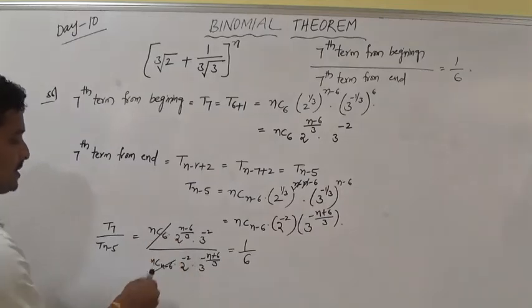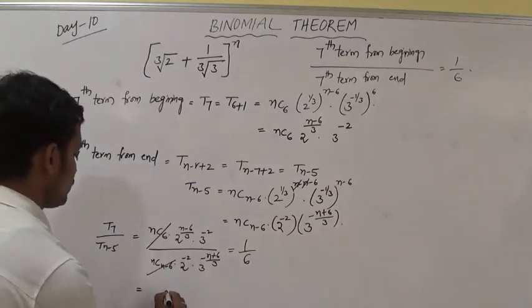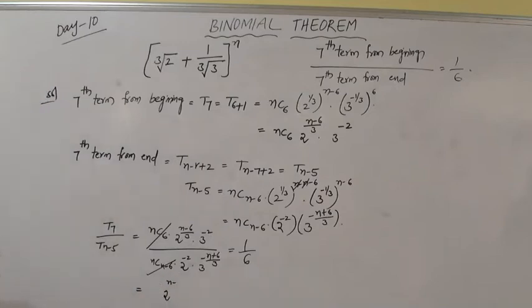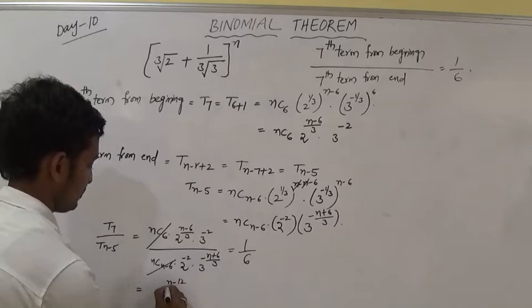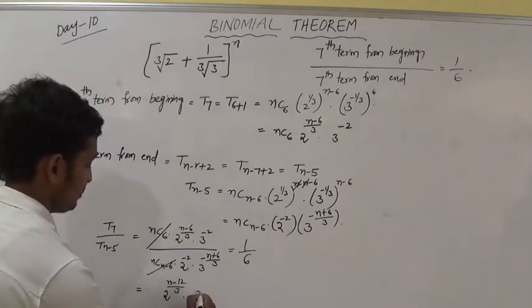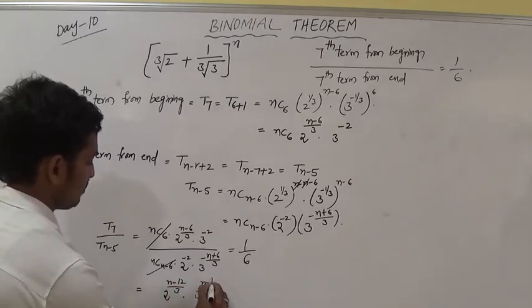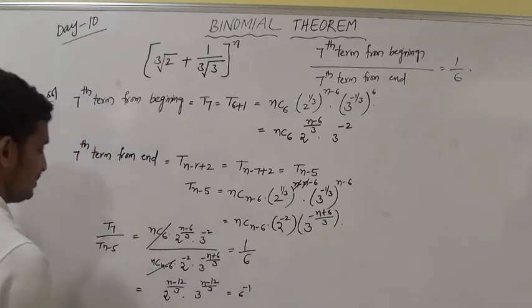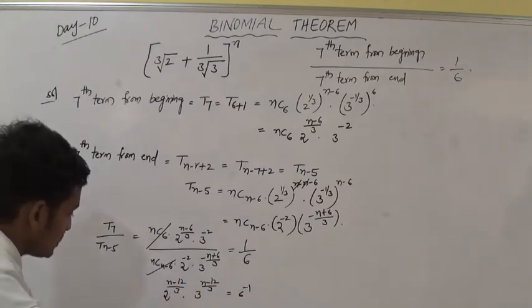If you simplify this, we are getting 2 power (n minus 12) by 3 into 3 power (n minus 12) by 3 is equal to 6 power minus 1. So this is a power m into b power m. So 6 power (n minus 12) by 3 is equal to 6 power minus 1.